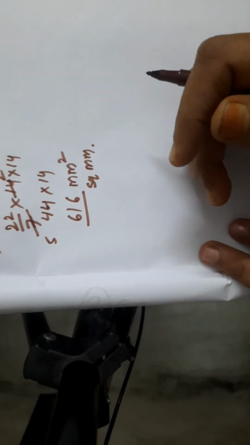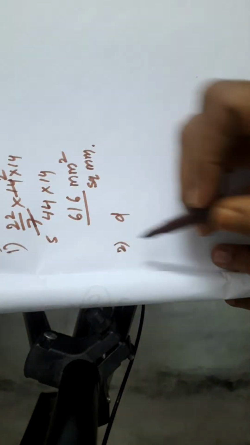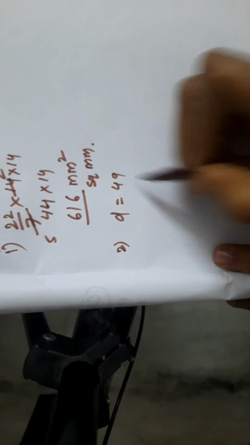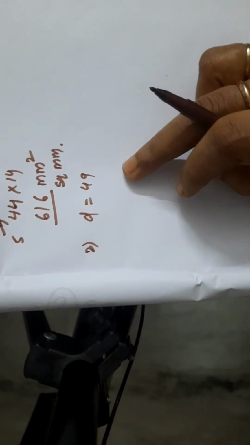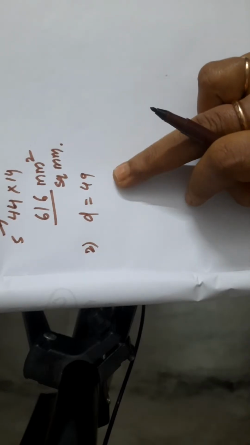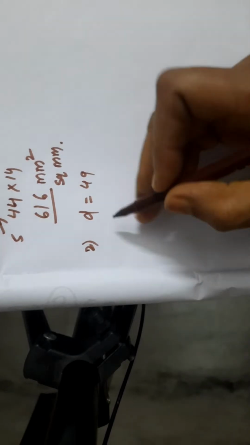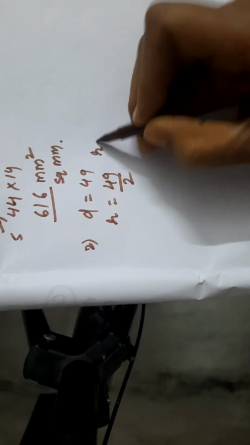Now the next question, the diameter of the circle is given as 49. For area we cannot solve the question directly with diameter. There you need to find the radius also. So here the radius is 49 by 2. Radius is diameter divided by 2, radius is half of the diameter.